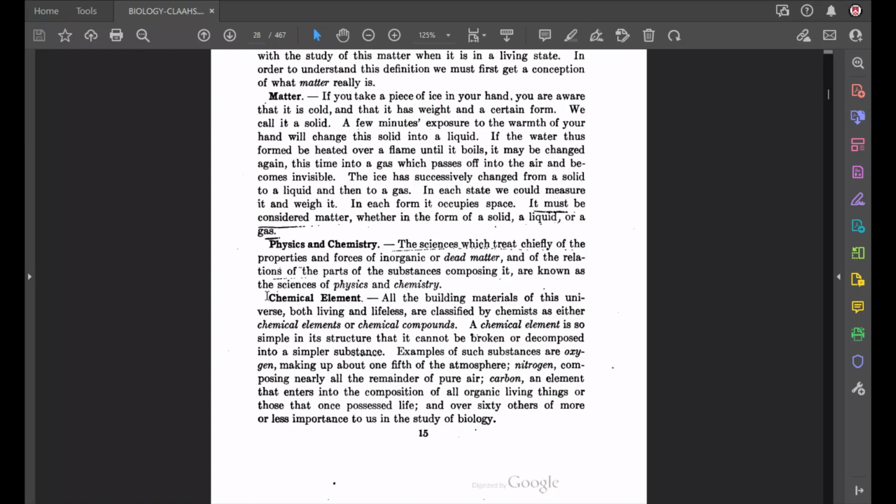A chemical element is so simple in its structure that it cannot be broken down or decomposed into a simpler substance. It's as simple as it can get. So if we have a substance that is as simple as it can get, we can refer to that as an element, a chemical element.